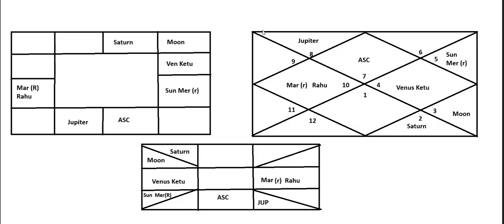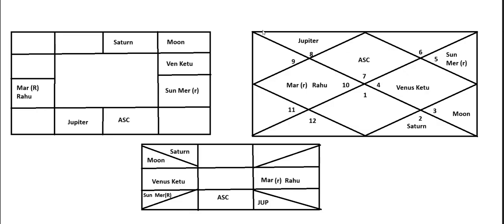Here Ketu is under Mercury's nakshatra. Retrograde Mercury is a very fast planet, and Ketu is also a very fast planet. But Saturn is trying to slow down Ketu's power, and here the problem happened.